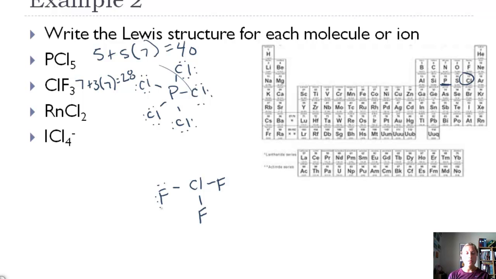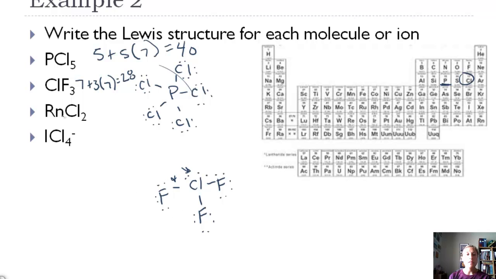And now let's go 2, 4, 6, up to 28. So now chlorine has exceeded the octet rule. It's got 5 pairs total, 3 of which are bonded pairs, and 2 of which are lone pairs.